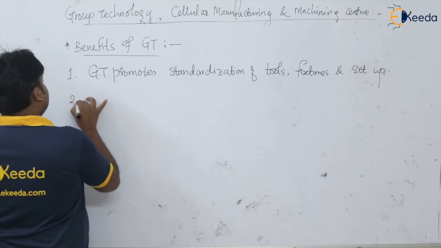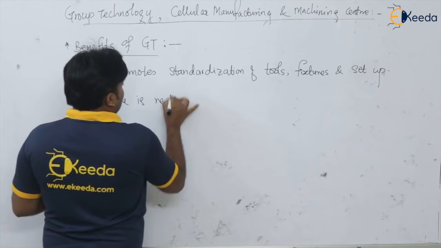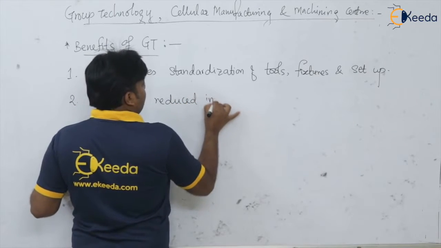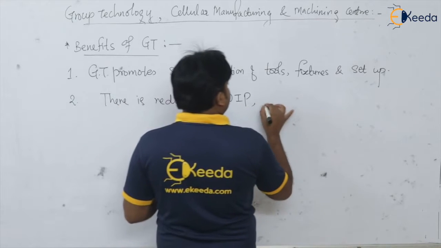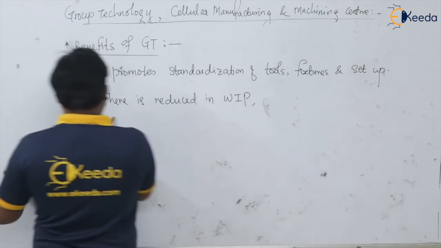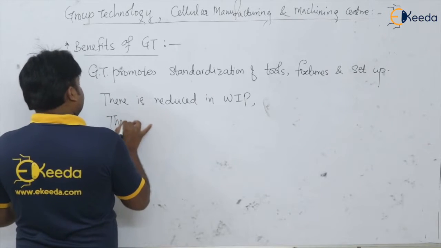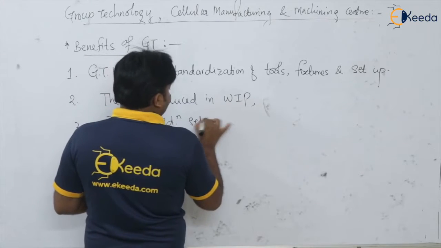Second thing is that there is reduction in WIP, there is reduction in work in process inventory. So definitely what will happen, and also the third thing, there is reduction in setup time.